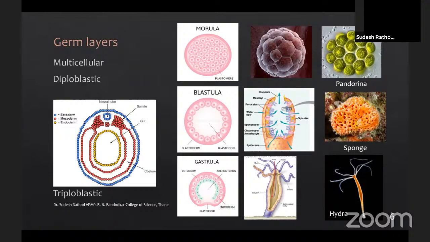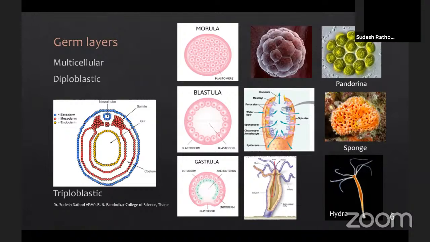It is so simple, but actually in an experiment, if you go searching for such animals, it is a bit difficult to identify which cells belong to ectoderm, mesoderm, and endoderm. That is a different matter. But this is the simple answer I am telling you. When somebody asks how you will say one belongs to Coelenterata and one belongs to Platyhelminthes, you can simply say that if it is diploblastic, it belongs to Coelenterata, and if it is triploblastic, it belongs to Platyhelminthes.